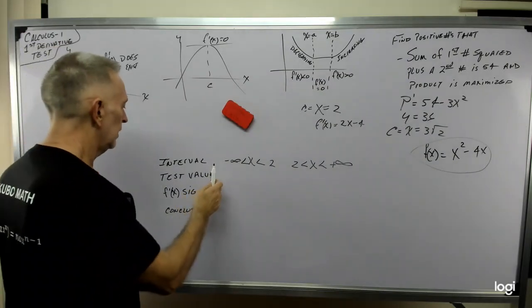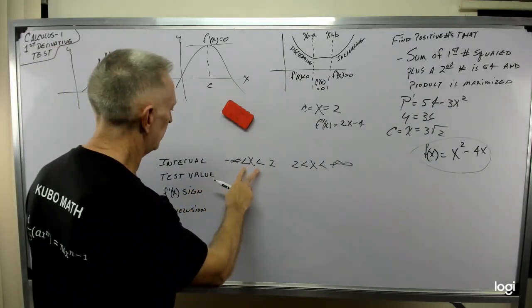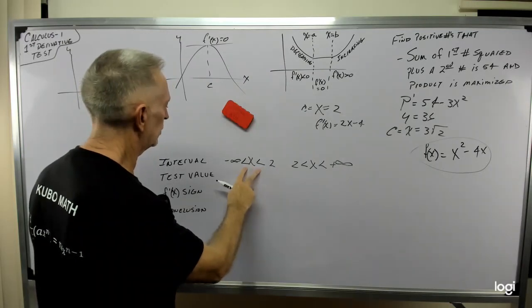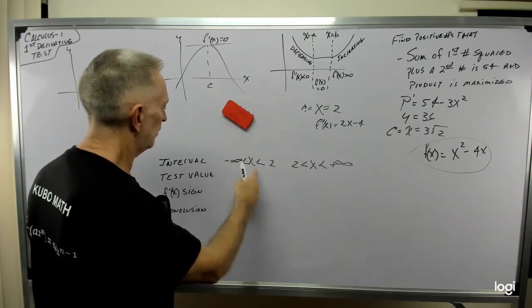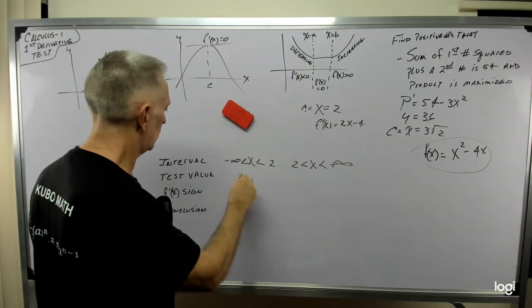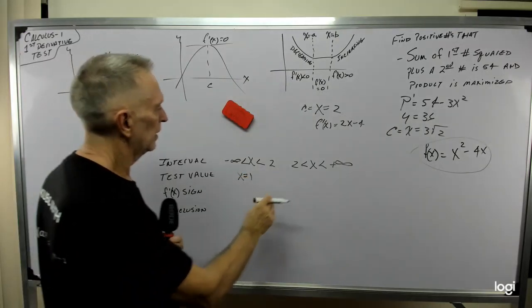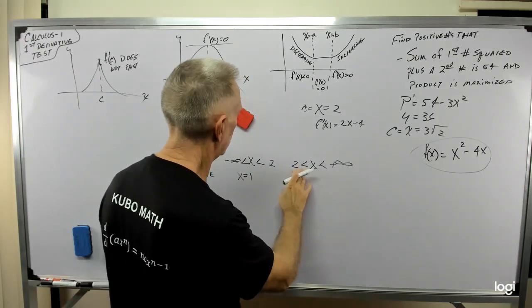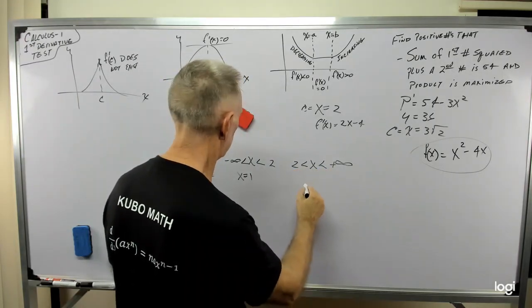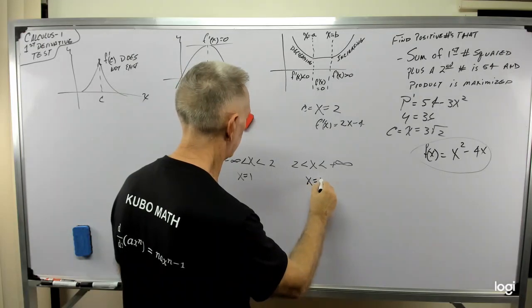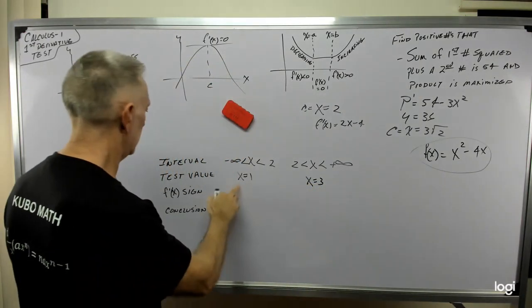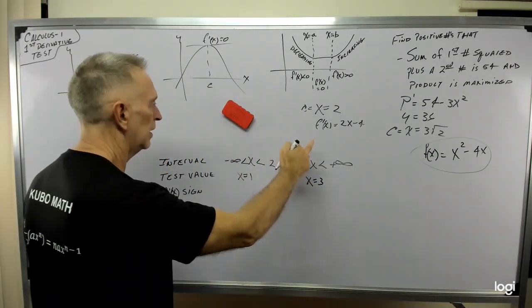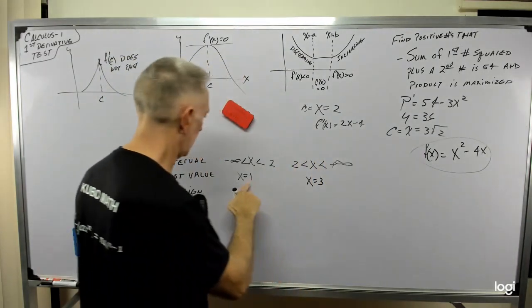Okay. All right, so now my test value, x is less than 2 but greater than minus infinity. Why don't we just let x equal 1? Okay, and in this case, x is greater than 2 but less than positive infinity. Let's let x equal 3. Now then, what's the sign of f prime of x when x equals 1?